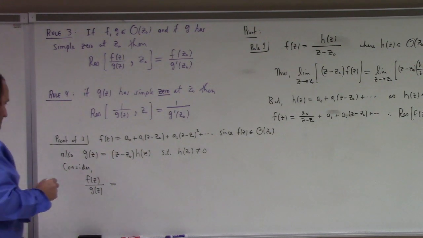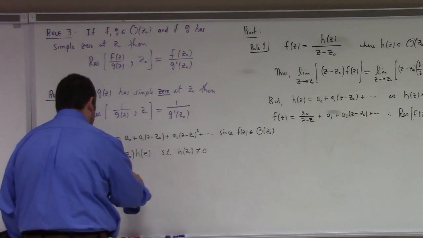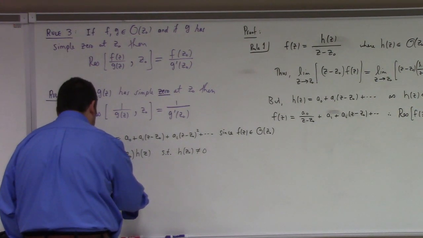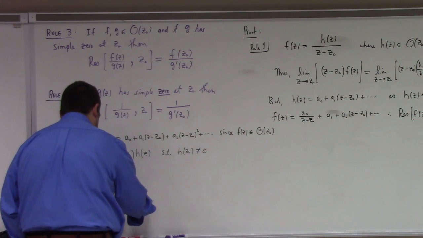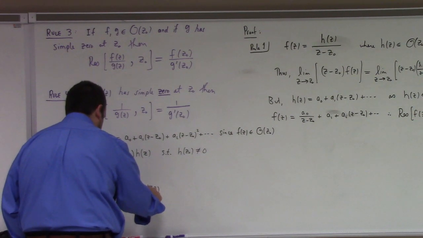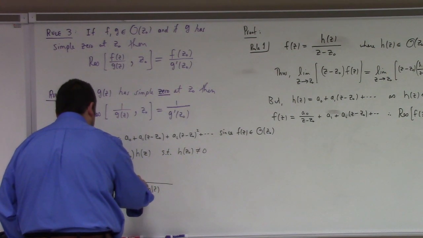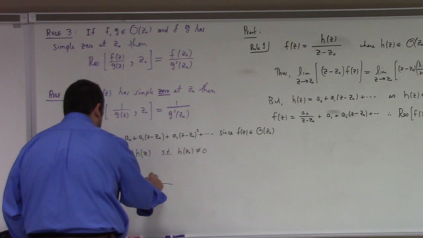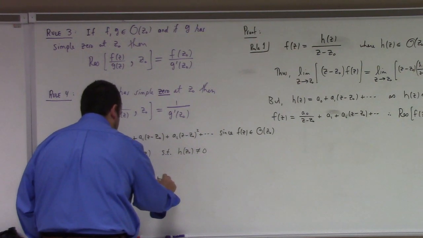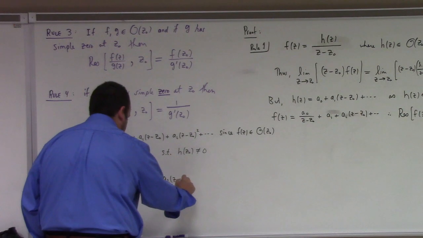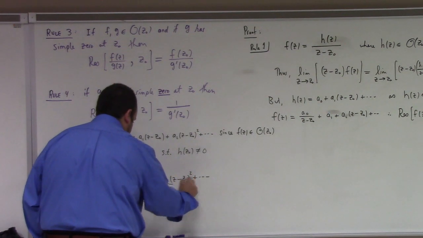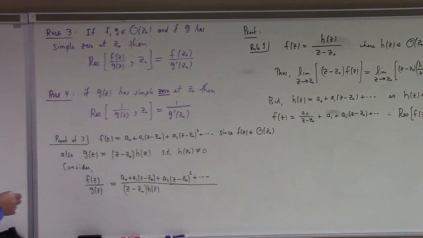Looks like we've got z minus z naught times h of z, divided into a0 plus a1 times z minus z naught plus a2 times z minus z naught squared. And how does that simplify?